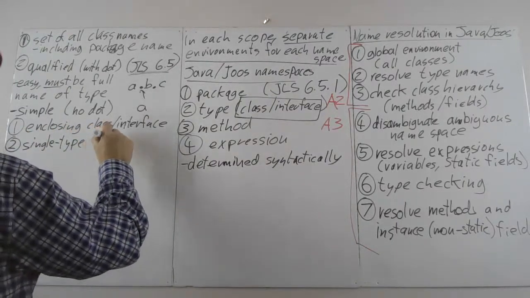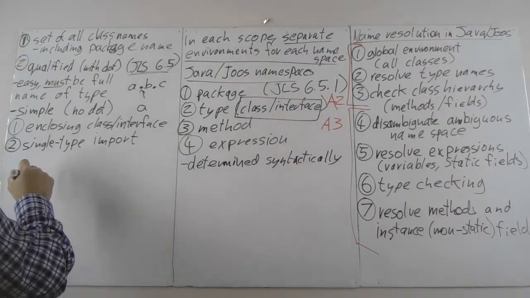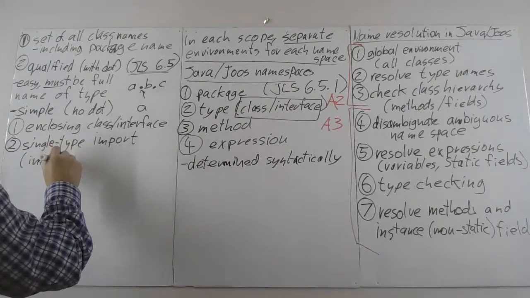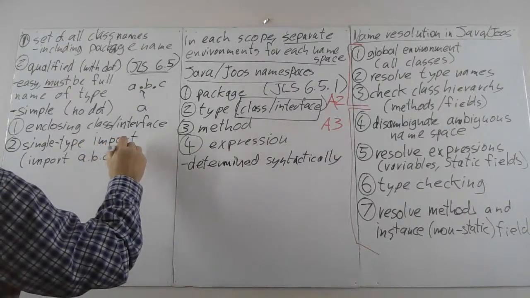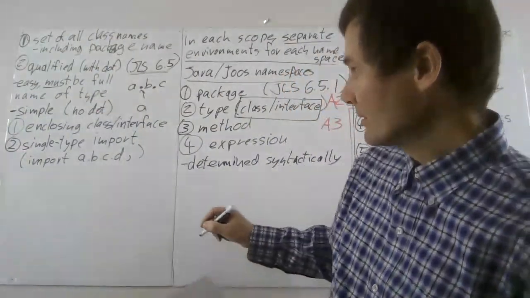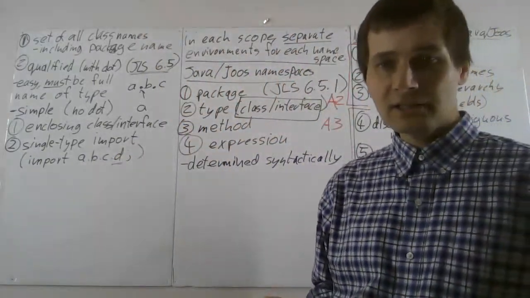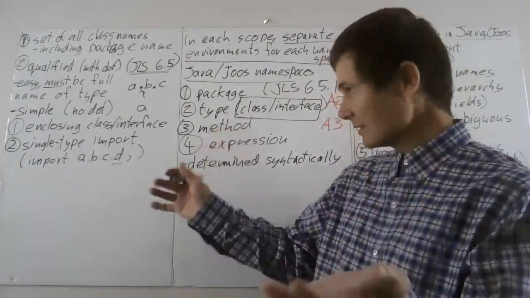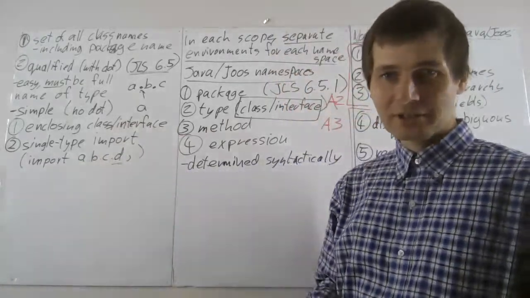So if you say import A.B.C.D at the beginning of your file, and then you see the name D being used in that file, and there is an import with this name, then step 2 says it's class A.B.C.D, right?